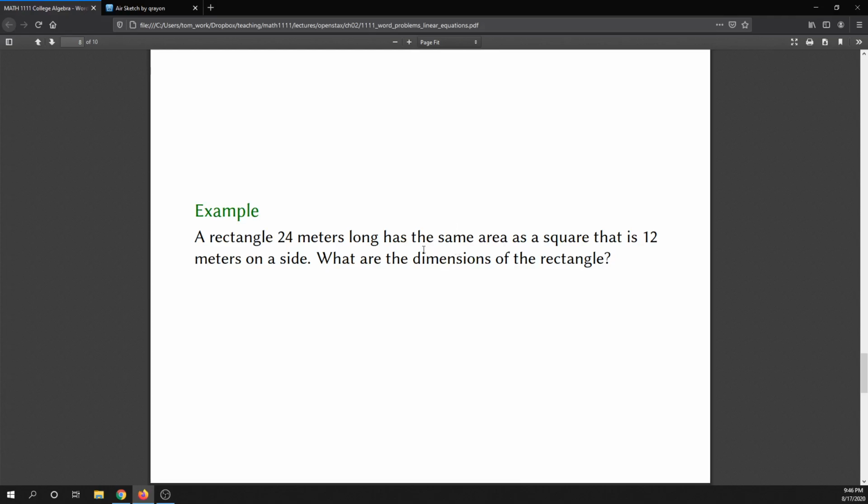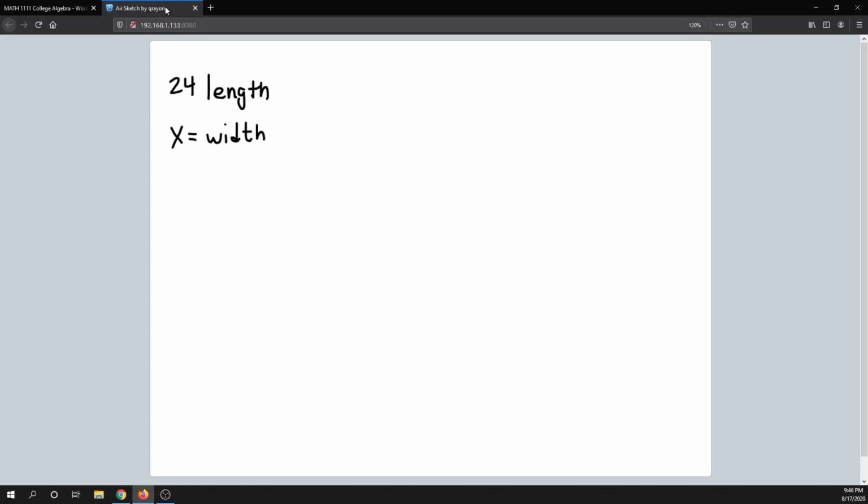problem. So it says a rectangle 24 meters long has the same area as a square. Based on that little piece of information, the area of this rectangle equals, is the same as, the area of this square that they're talking about.